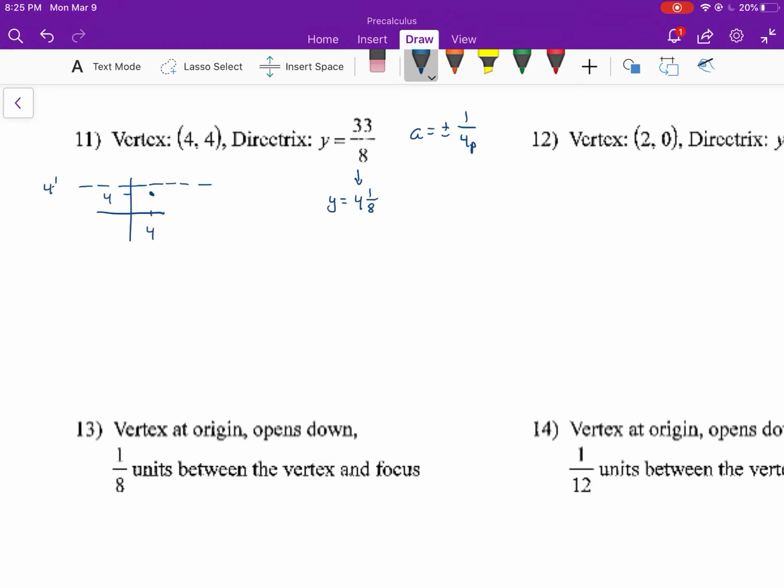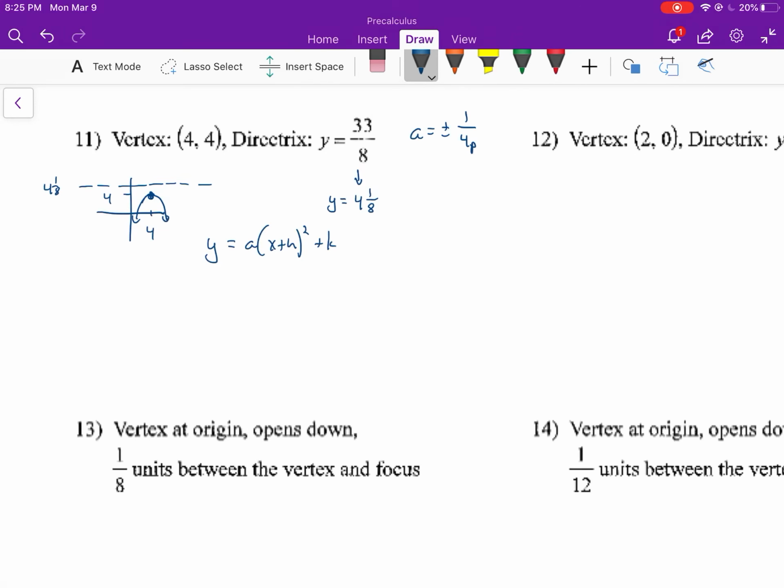So that's at 4 and 1/8. Now the directrix is always on the exterior of a parabola, so this parabola has to open this way. And so there we have our vertex. It's a vertically facing parabola, so y equals a(x plus h) squared plus k.